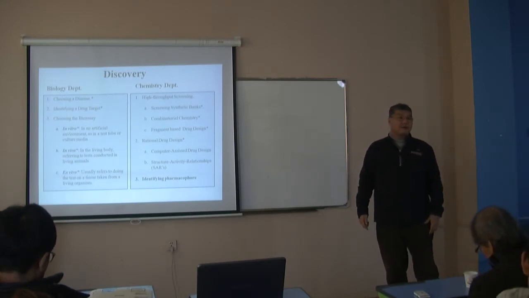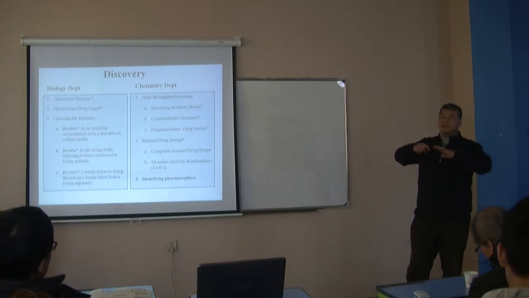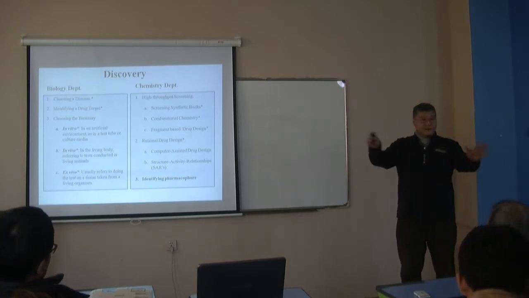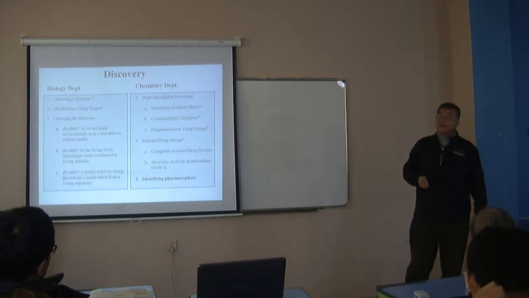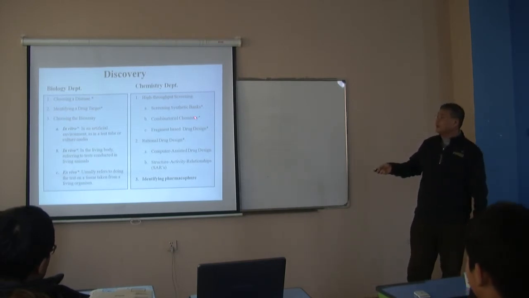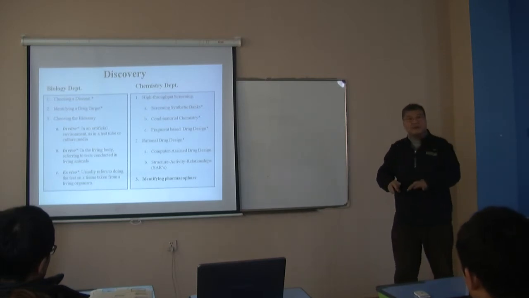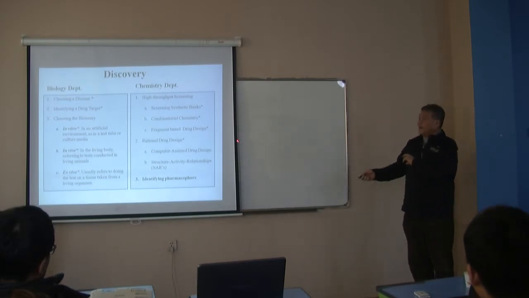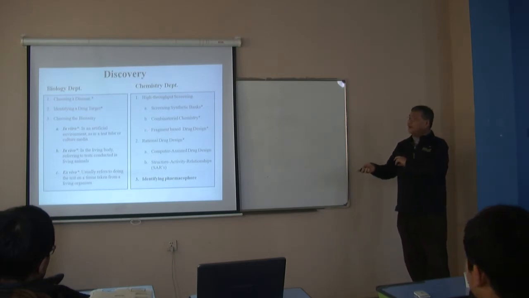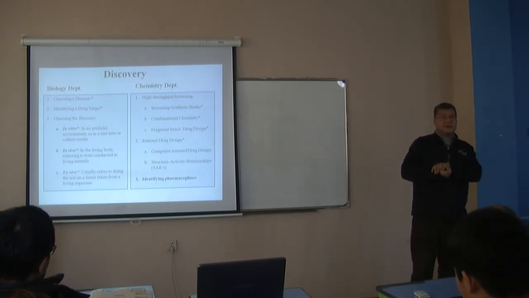Okay? So we want to expose all the possible combinations to this vitro assay. So we're using combinatorial chemistry to put the chemicals into that assay. Okay? And then another one is fragment-based chemistry.